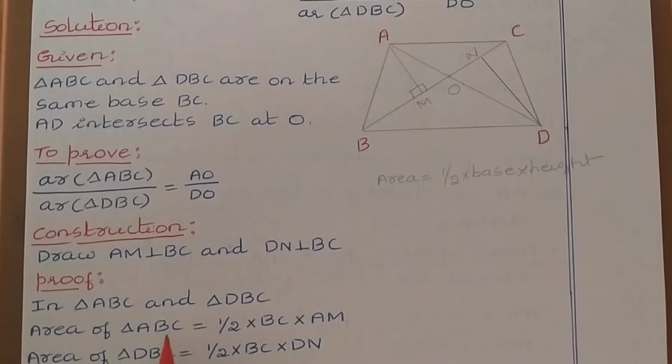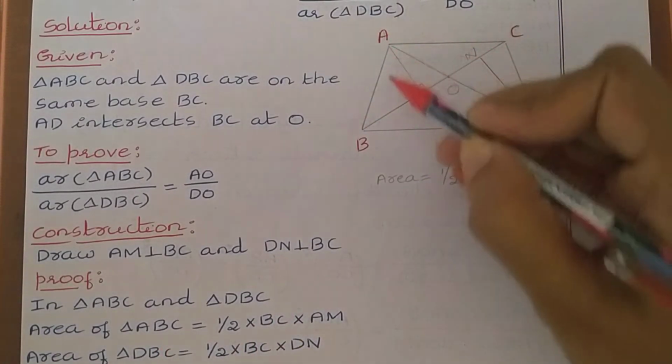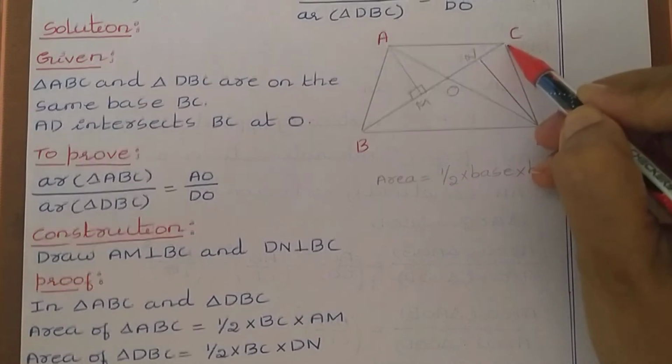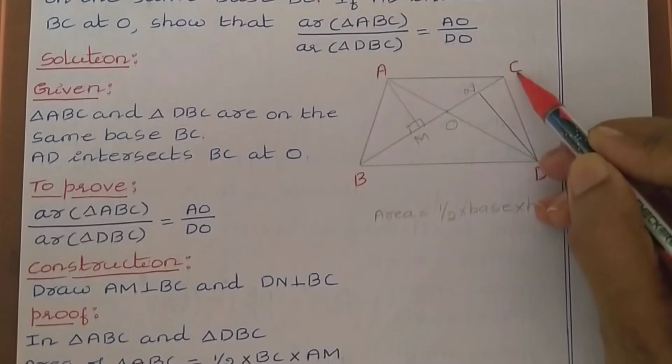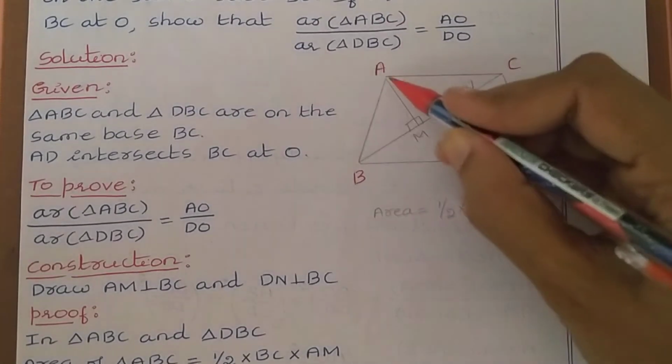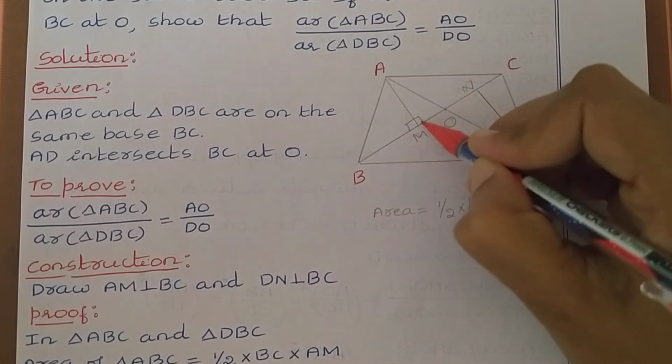So area of triangle ABC is half into, if I consider this triangle, here BC is the base. They have given in the question same base BC. So BC is the base and height, this AM perpendicular we can take as a height. So AM is the height.